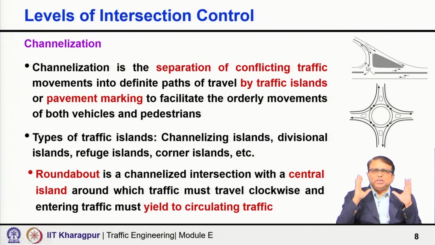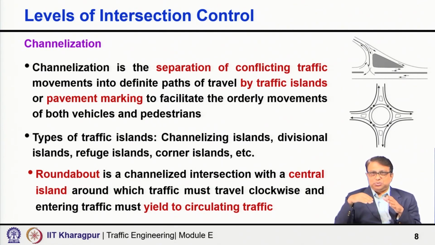One thing is very important for you to understand. If the intersection area is open and large, with many possible paths for movement, naturally the safety level might be low.